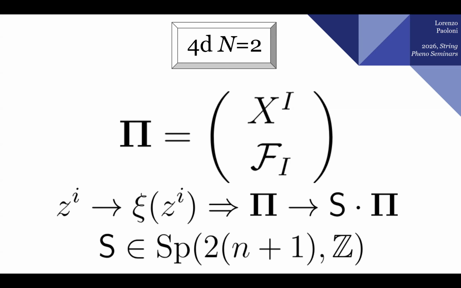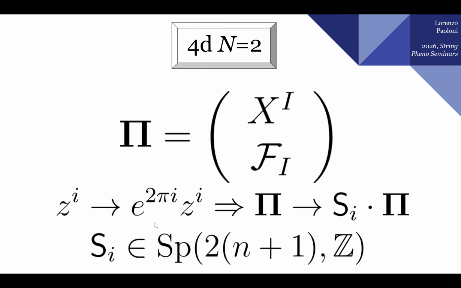In particular, for a theory coupled to gravity, a supergravity theory, with n vector multiplets, this group will be of rank 2 times n plus 1 and valued over the integers. But we are interested in a very specific transformation in the scalar manifold.